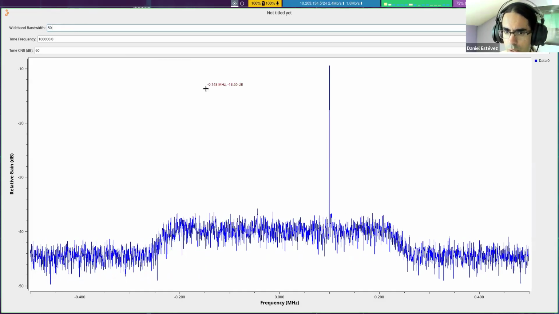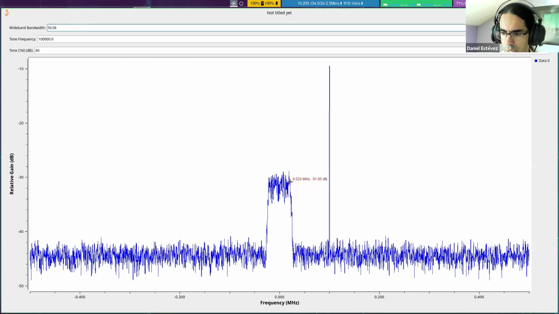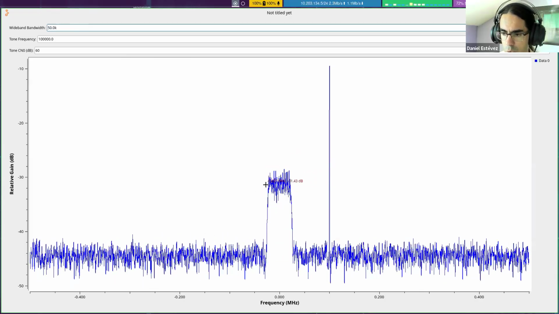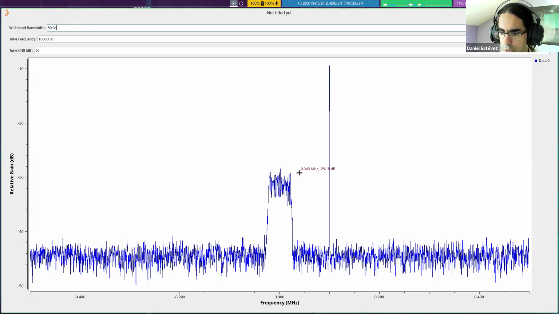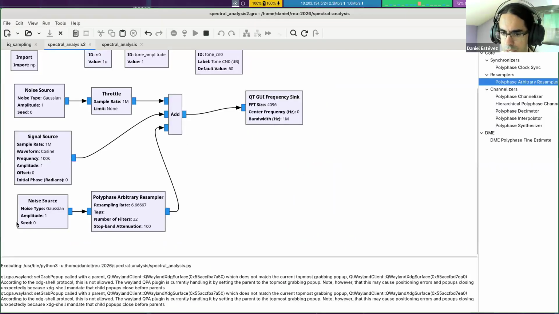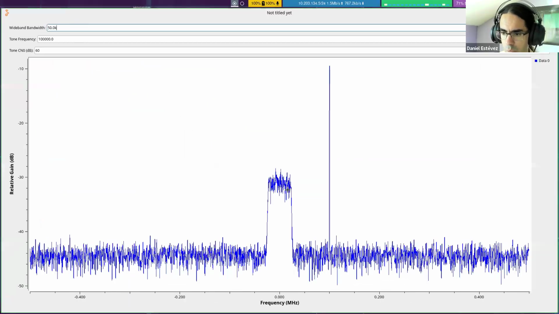I can easily do a comparison with 50 kilohertz. You can see it's narrower, but it's more powerful. It goes up. And the reason for that is the total power of the noise is always the same. It's given by the amplitude, which is fixed to 1 at the moment.